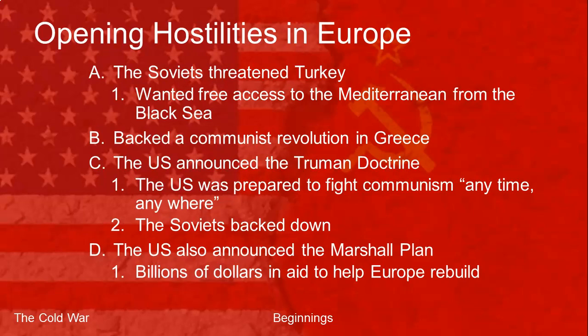It not only recovered from World War II, but it had grown to a point where it would have been had World War II not destroyed their economies. It was as if economically World War II had never happened. This money actually was also available to the countries of Eastern Europe, but because they had been taken over by communists and they were influenced by the Soviet Union, they rejected that aid.